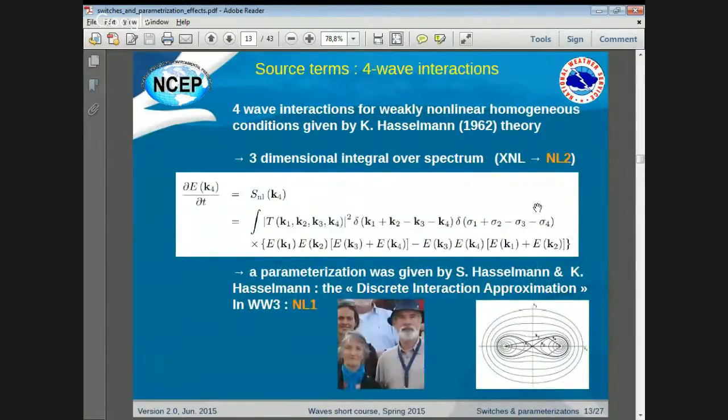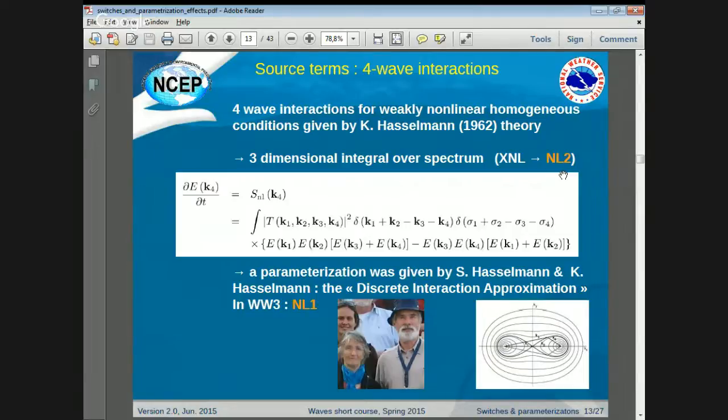So actually, you have to choose yourself the switch you use. First of all, you have to choose if you're using the DIA with this configuration of K1, K2, K3, K4. Or you can use a full integral, and in that case you have to put NL2 inside of the switch. And then with NL1, you can change the strength of the coefficient, there's a namelist parameter for that, and I think you can put it into lambda and the mu, the shape of these wave numbers.